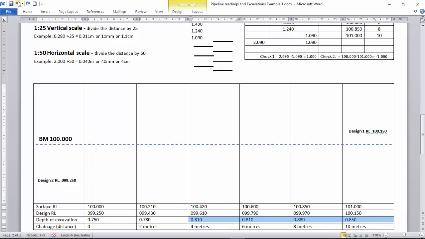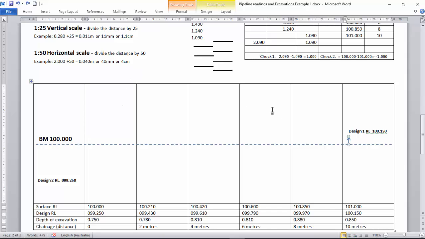They're all our heights. The next thing we do, we need to put in this level line here, 100, and we're going up and down from that. So for our design RL, number 1, it could be a pit, and the height there is 100.15. So we're 150 mil above our 100 level line.